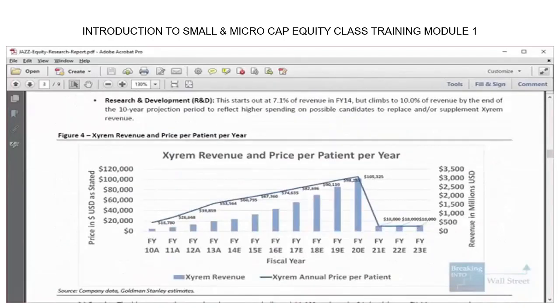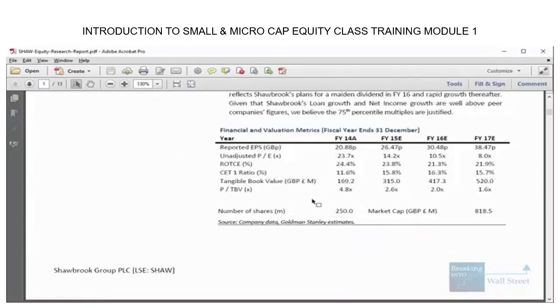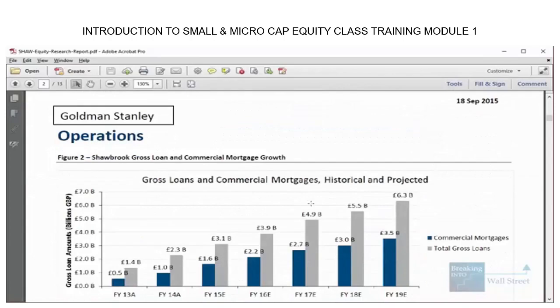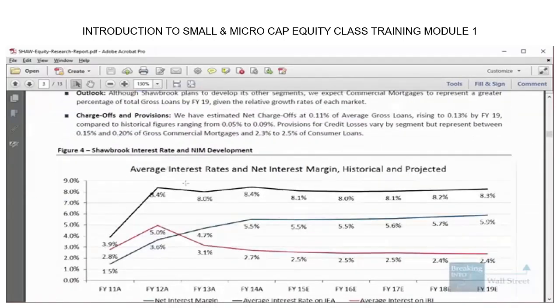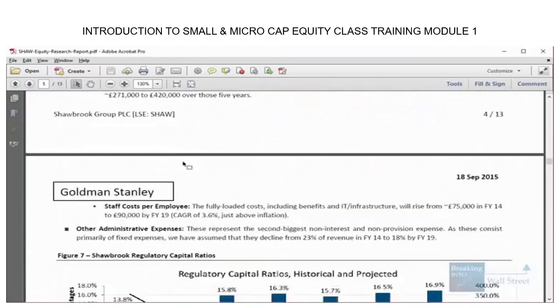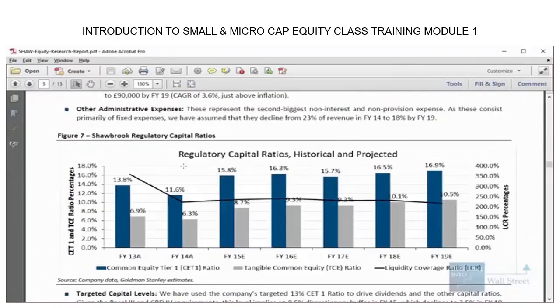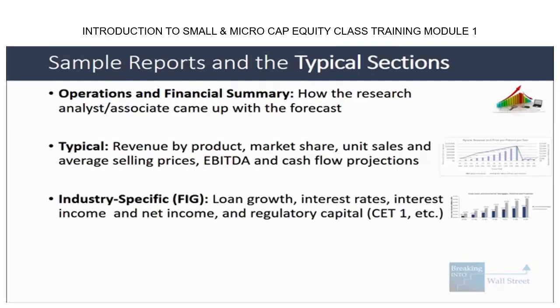And that's what goes into that section. If you look at the report for Shawbrook, this is a lot more industry specific because it is for a commercial bank. So we have gross loans, loans by segment, interest rates, interest income, net income and the overhead ratio, and then regulatory capital ratios. So it just depends what industry you're in, but those are some typical things you might see.